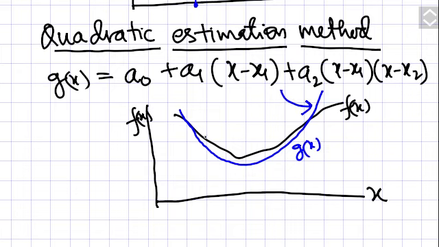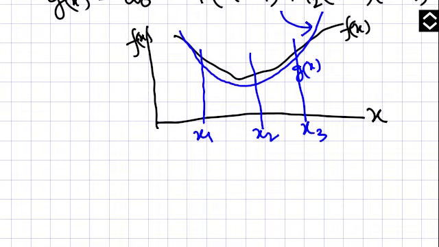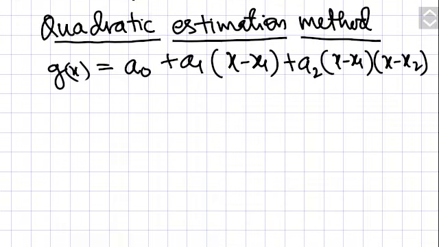Here you will take 3 points. With the help of 3 points you will find the equation of this function. Let's see how to find it. In this method you need to know 3 points, say x1, x2 and x3.